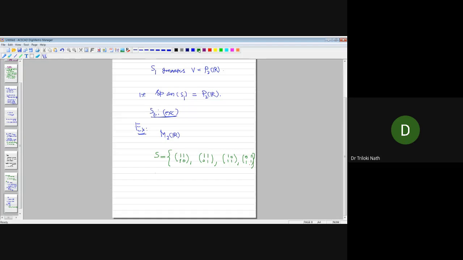So these four are the vectors. Let us call them U1, U2, U3, and U4.